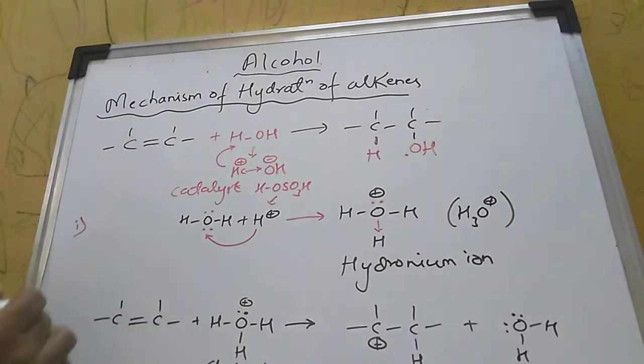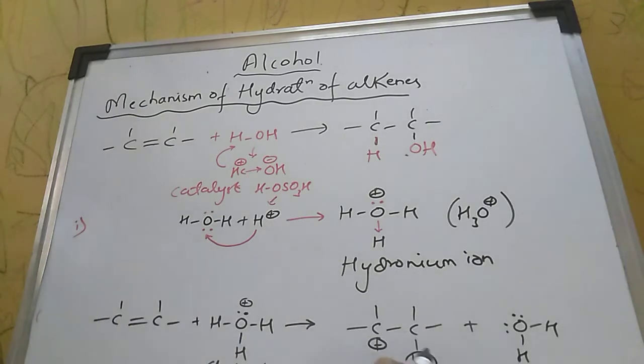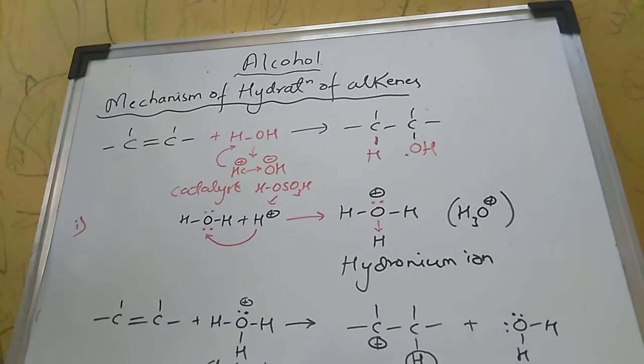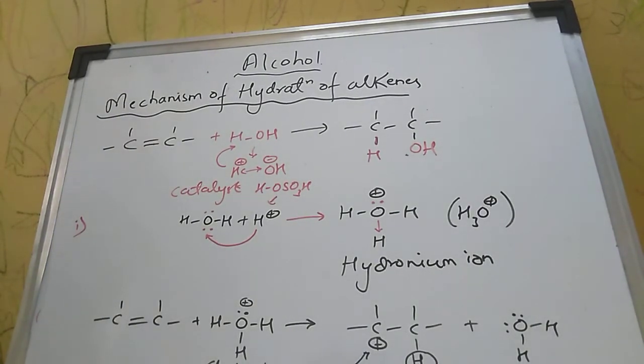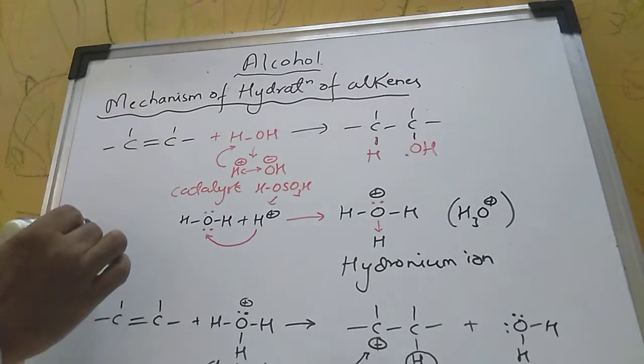So what is happening to the alkene? H plus is added, so it's getting protonated. Electrophilic attack of hydronium ion on alkene gets protonated to form a carbocation. So in words we can say the first step is what?